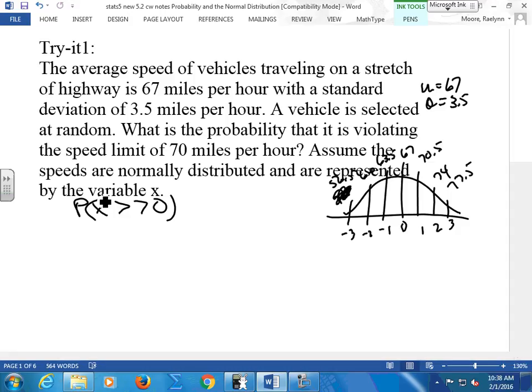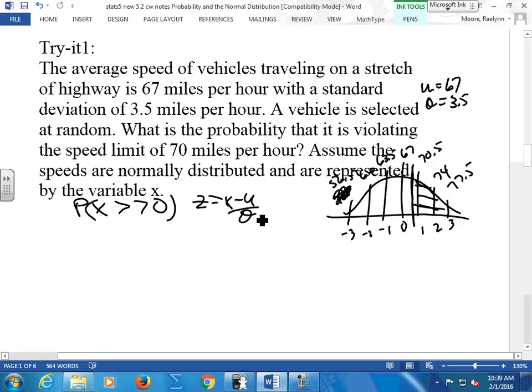Okay, so now I fill in my chart. Keep track of your z-scores. Keep track of your x values. Where do I find 70, between which two z-score values? 0 and 1, very close to the 1. And I want which area, to the right or to the left? To the right. I want it to be greater than. Now, it's close to 1, but I can't use 1. So I pull up my z-score formula.